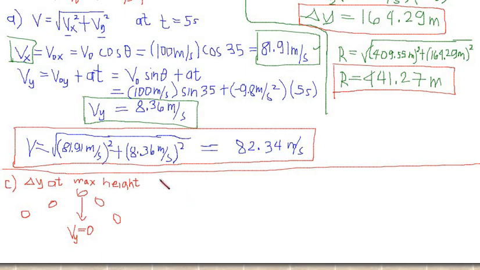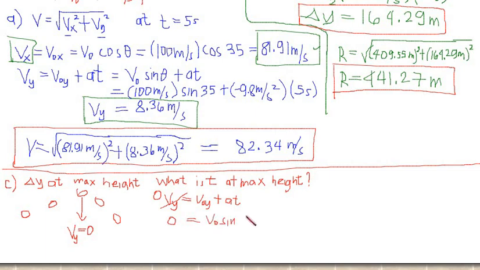So first, what is t at the maximum height? We can solve for the time at maximum height using this equation. Remember that Vy is equal to 0. So in this equation, 0 is equal to v0 sine theta plus at.